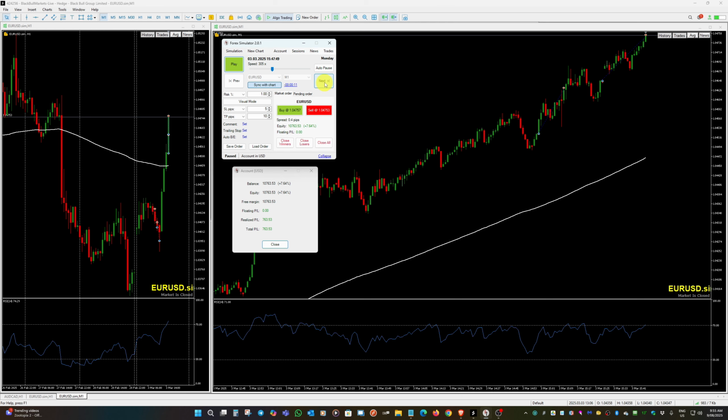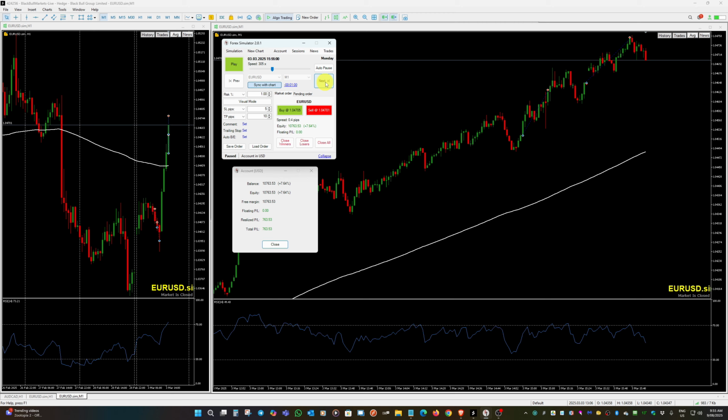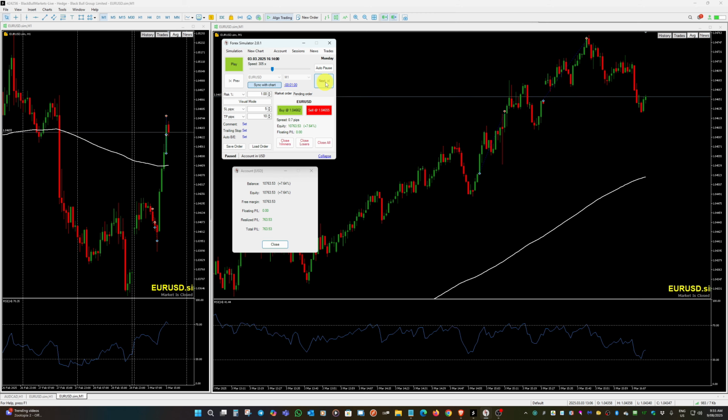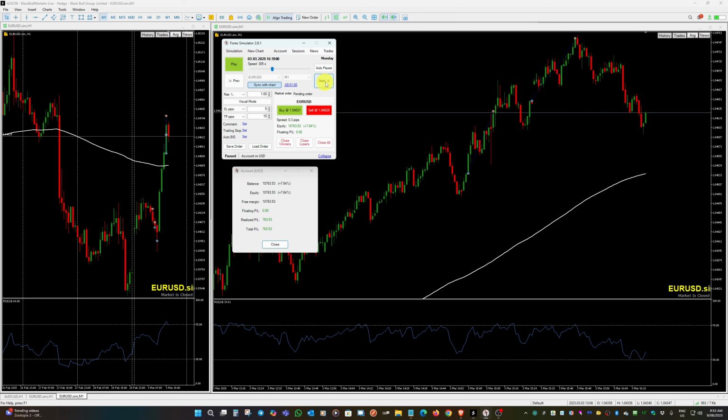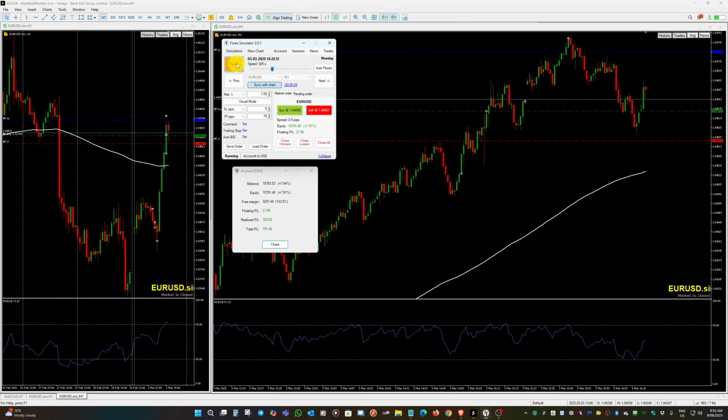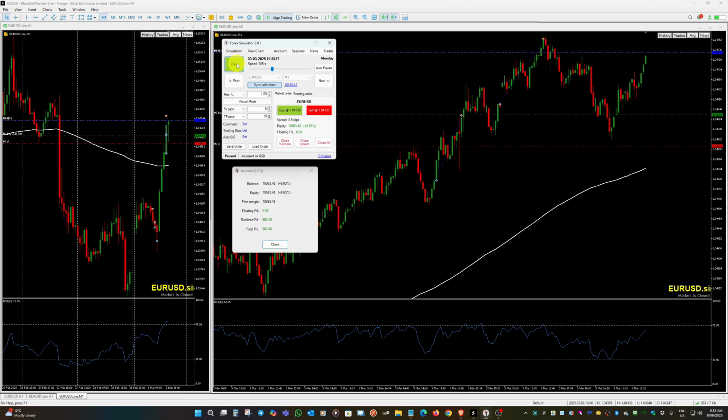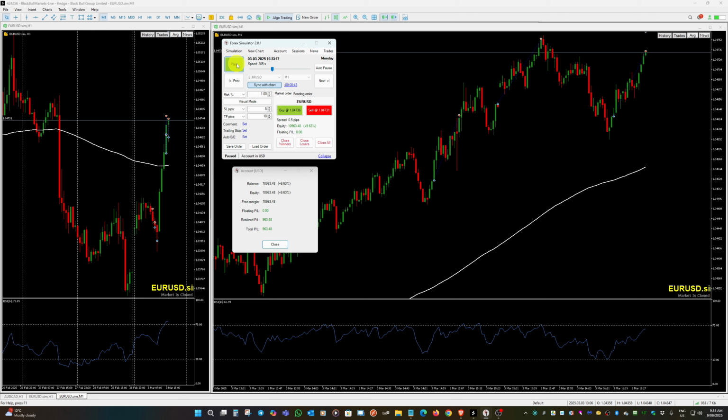So let's look for the next setup. This looks like our next entry. Okay, so we are almost at our 10% target and we only really need one more win, so let's go.